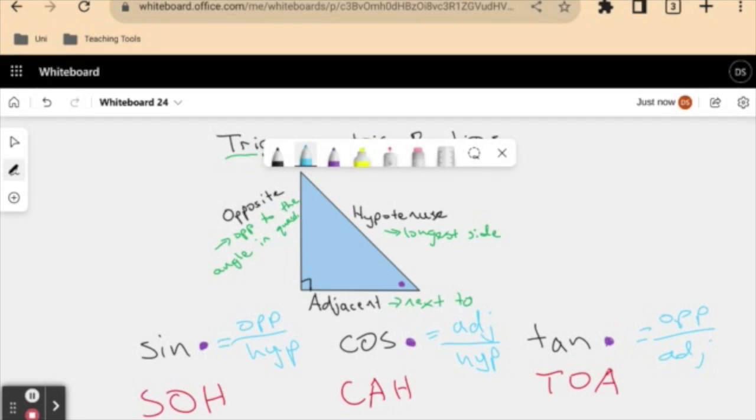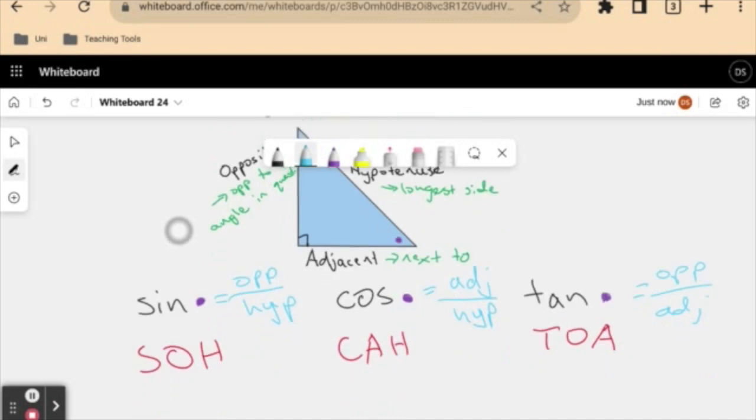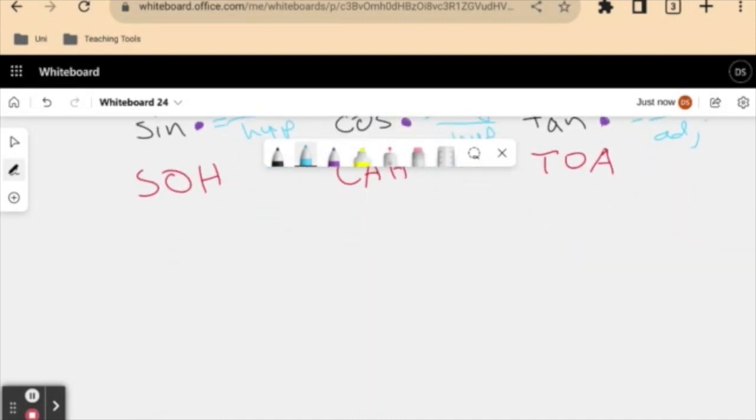And then we'll actually have an application type of question, which I'll do another video for, which is more of a real world thing where you can see that some things around us we can look at as being made out of right angle triangles, and it can allow us to do quite a few calculations if we're given the right amount of information. So we have one example here.